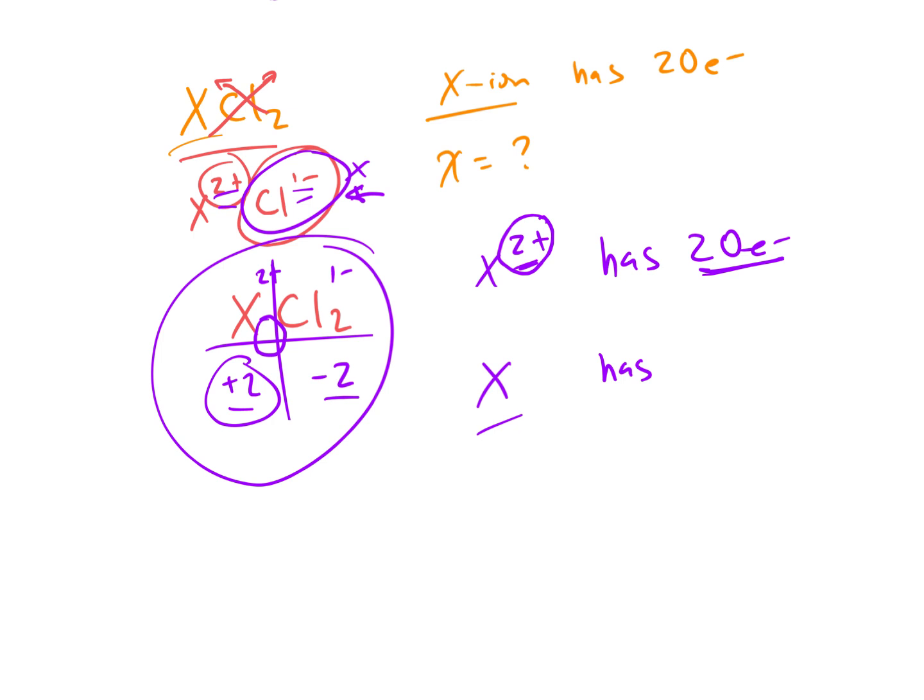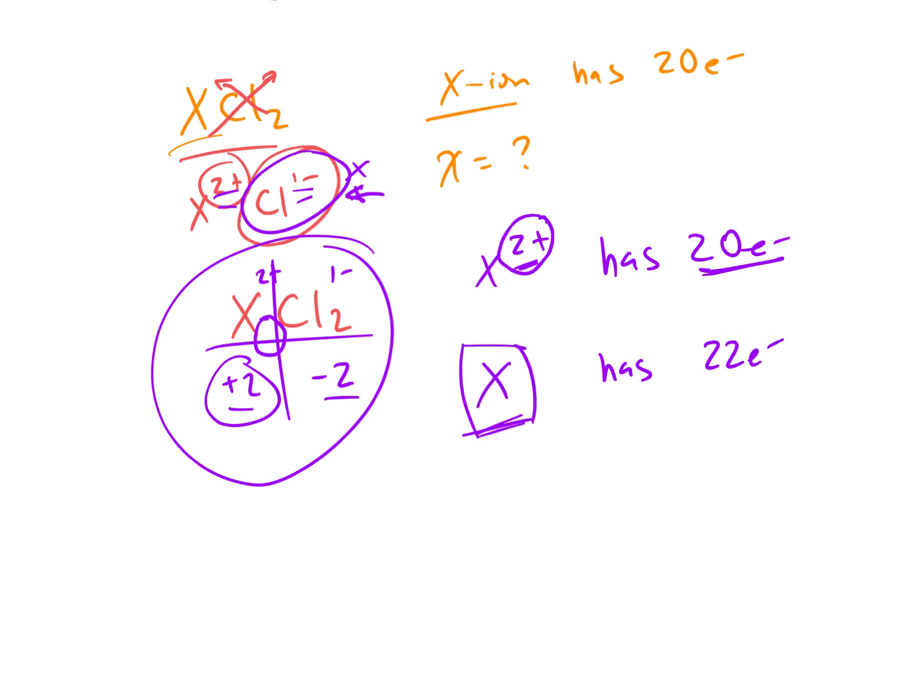You following me? If it got rid of 2 and now has 20 after it got rid of 2, how many did it have before it got rid of 2? 22. Are you with me?